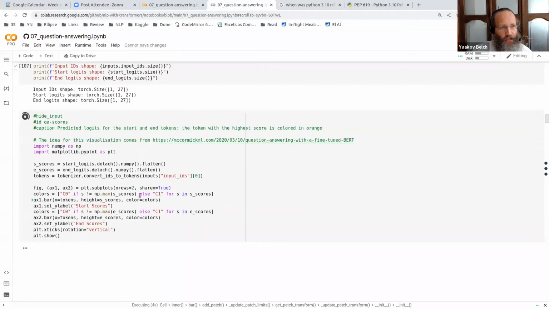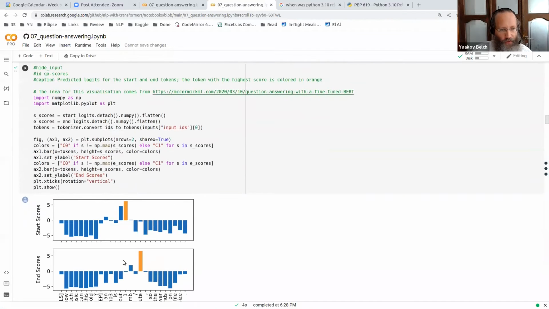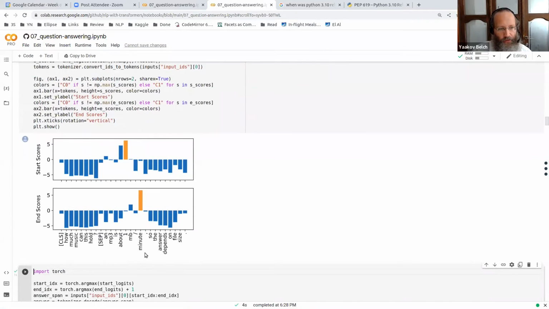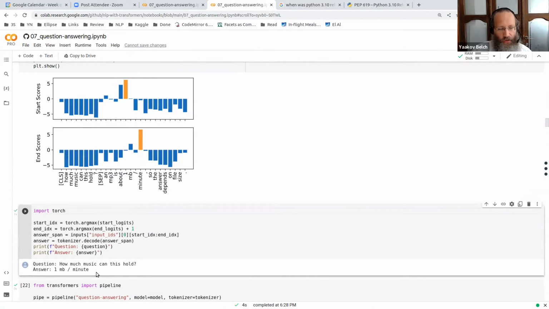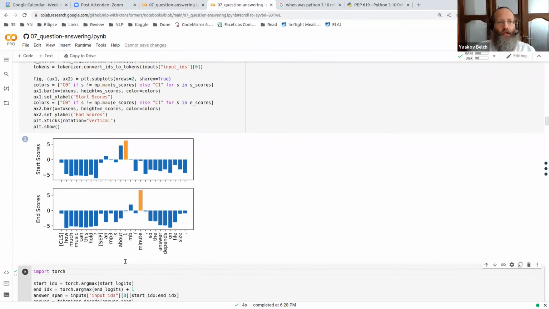We see that it actually produces the answer 1 megabyte per minute, which is the wrong answer.